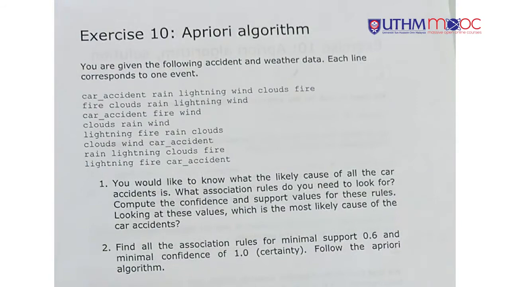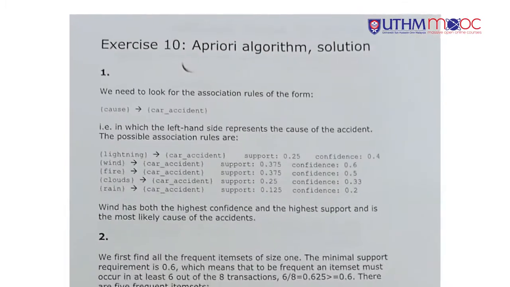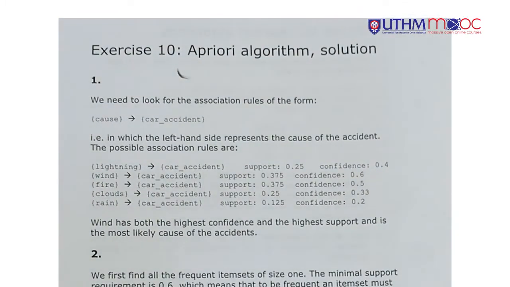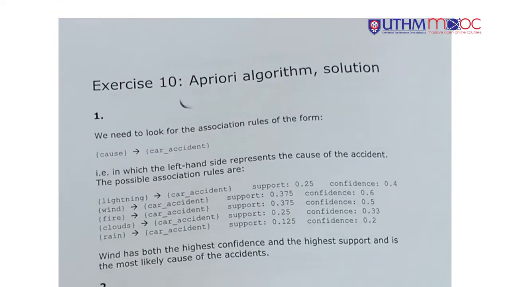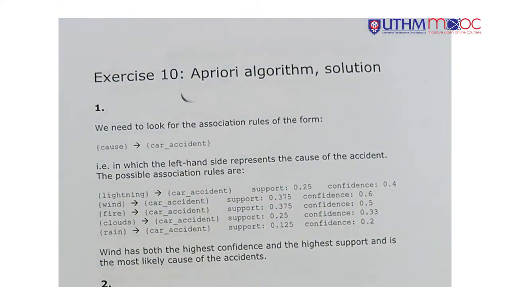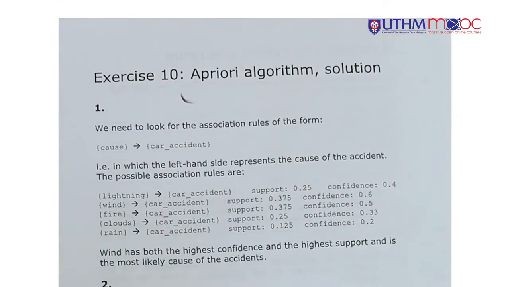If we have a look at the solution here, the first step is to find all the frequent item sets of size 1. Why? Because the question asks for support of 0.6. So we do that.